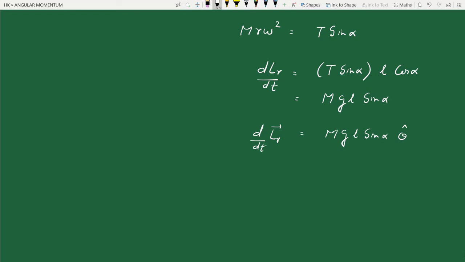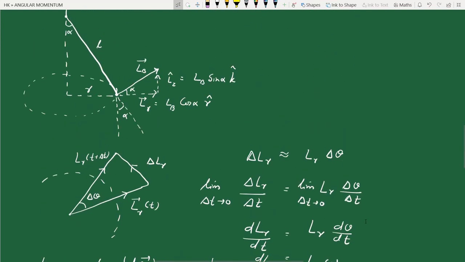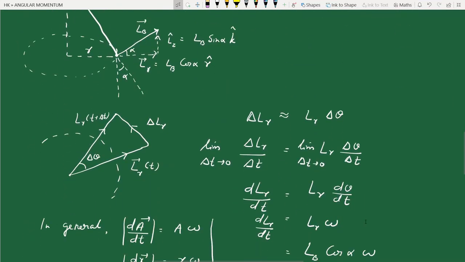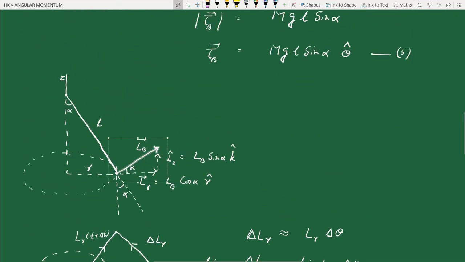Therefore I can write d by dt of LB, the angular momentum of this bob about the point B. In LB, the only change comes from the radial part Lr. Lz remains constant.